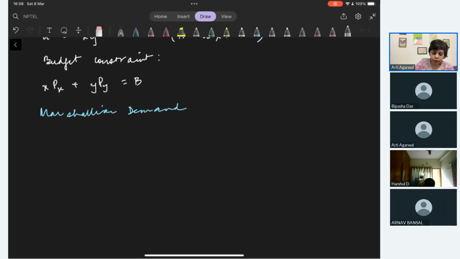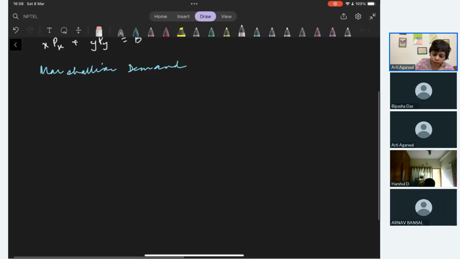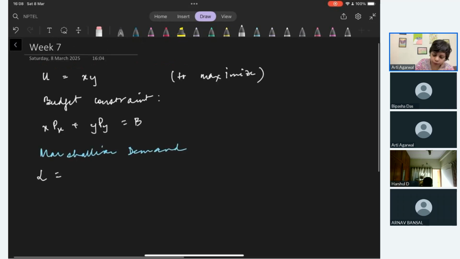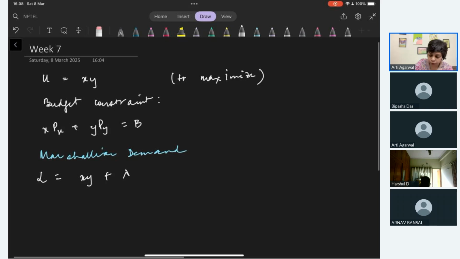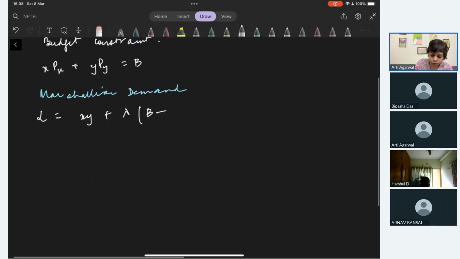Now first let's write a Lagrangian, which is basically just this function which we want to maximize, xy, plus the variable lambda, and this is your constraint equation.